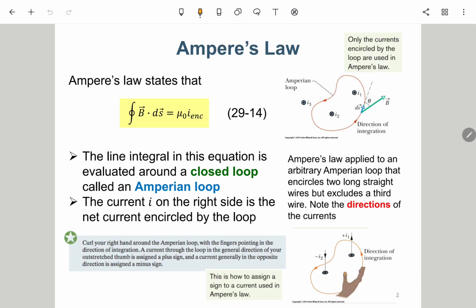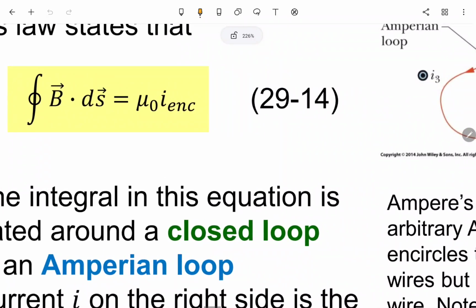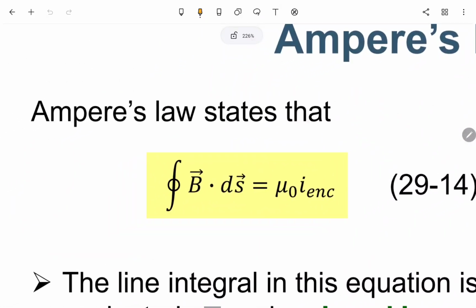As you can see here, this is Ampere's law. On the left side, you can see an integral, and it has a circle here, meaning this is a closed integral. Here we have B dot ds, which is a line integral.